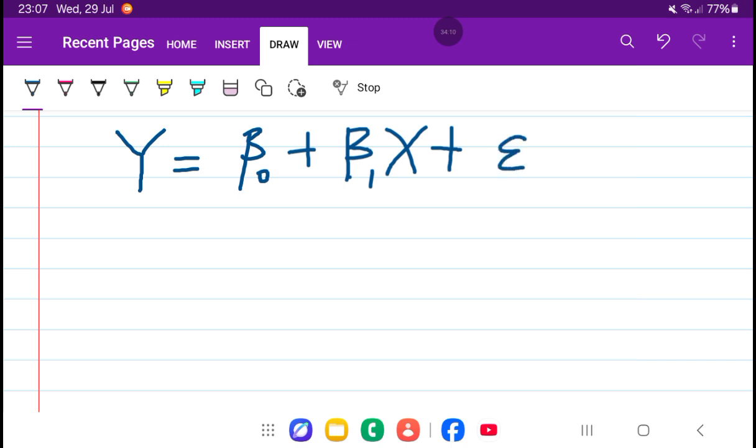this symbol epsilon. This one is for an error. This epsilon represents a random error.